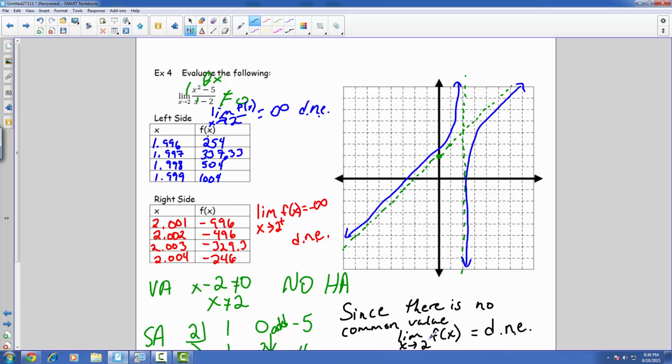Notice, for the final answer, we're not specifying left or right. We're just saying the limit as x approaches 2, because again, that was the original question at hand.